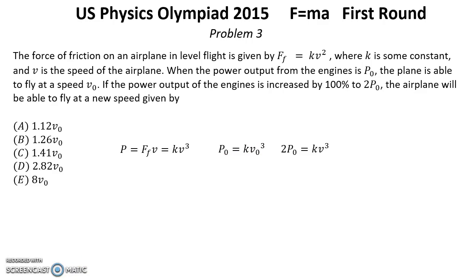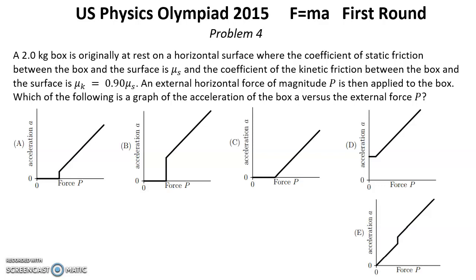If we increase power twice, we can use this formula to find the new speed. That will be the cubic root of 2 times V0, which is approximately 1.26 V0. That's the answer B.